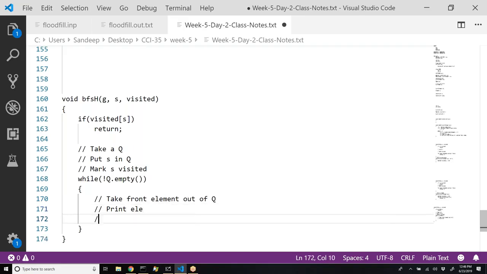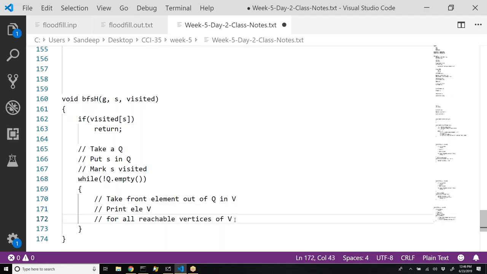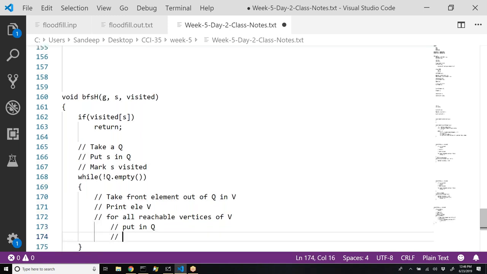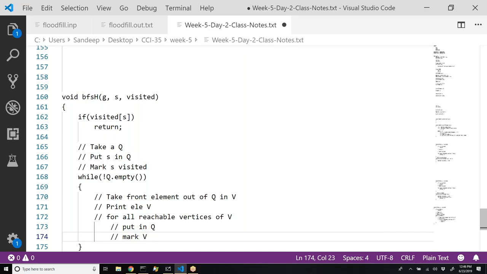Now, print element V, for all reachable vertices of V, what do we do? Put in queue, mark visited, but you put in the queue only if for all reachable vertices U of V, U is the reachable vertex, V is the actual vertex.